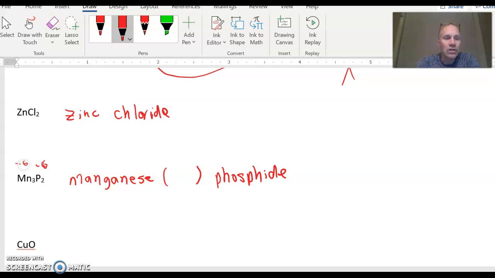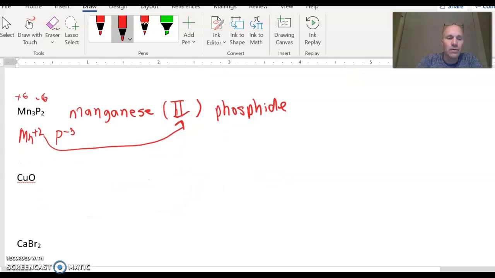And if that +6 charge gets split by 3 atoms, each of these only has to come up with a +2 charge. So the ion is going to be +2. If we've got 2 of these, that's just as much negative charge as you have positive charge over here if we have 3 of this guy. So this is going to be manganese 2. That charge becomes the Roman numeral here.